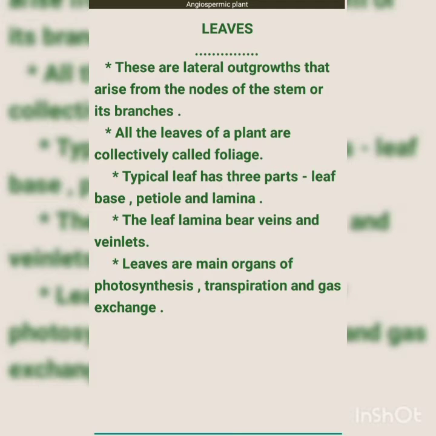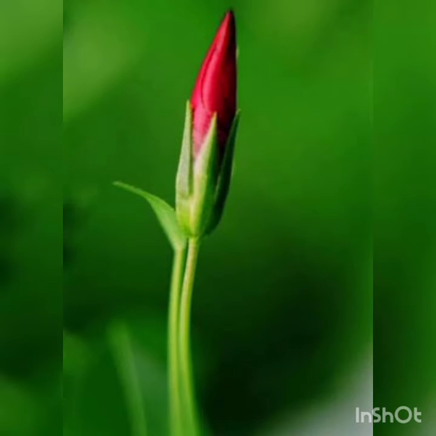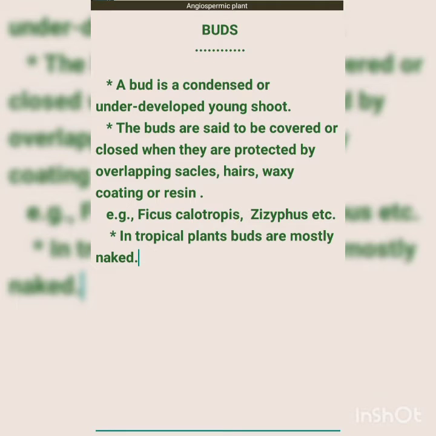Then we will come to bud. A bud is a condensed or underdeveloped young shoot. Buds may be active or remain dormant for an indefinite period. For example, in cold countries, plants bear winter buds which remain dormant till the favorable spring season comes.